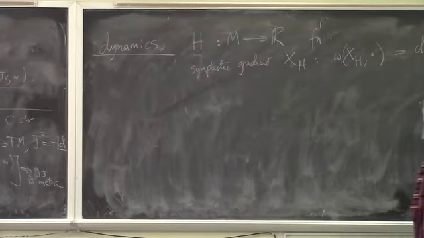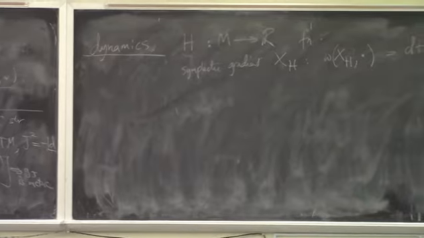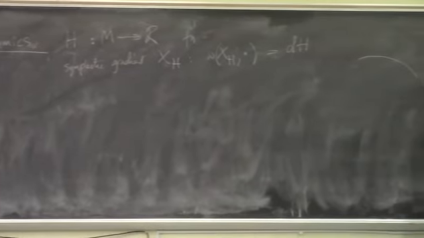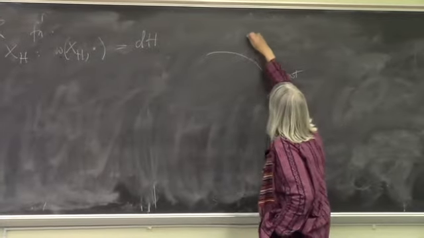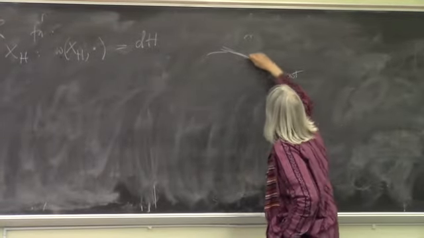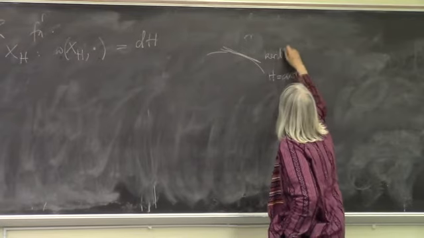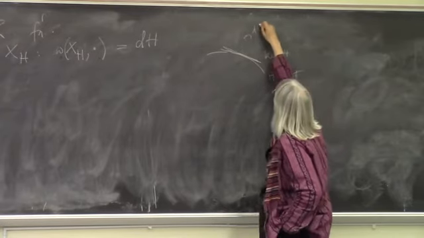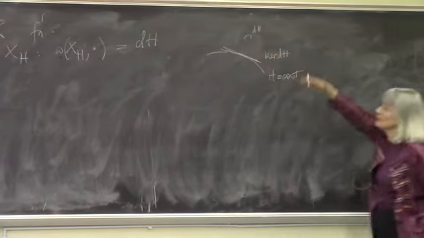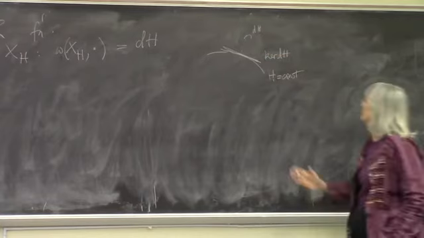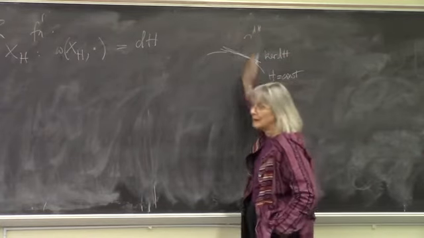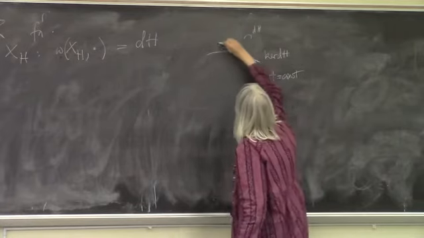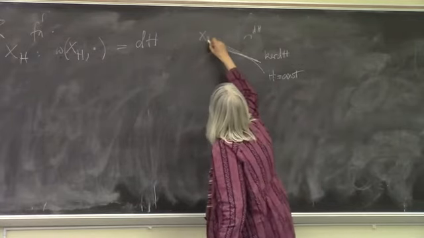And it has the property, which is different from the ordinary gradient, that if you look at the level set H equals constant, the tangent space here is the kernel of dH. So dH is sort of pointing in the dual direction, but orthogonal. Now, of course, if you take the standard gradient, it's going to point in that direction. But the symplectic gradient is actually tangent to the level set.